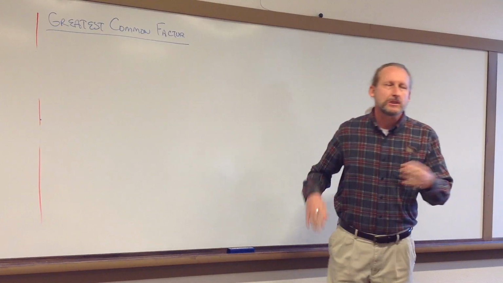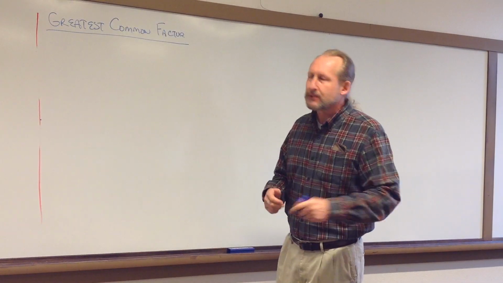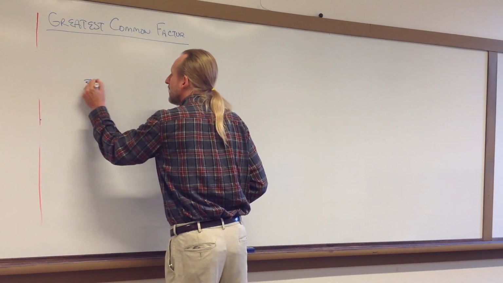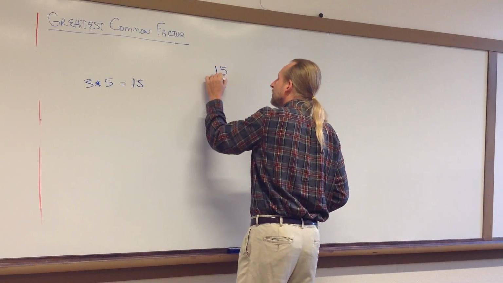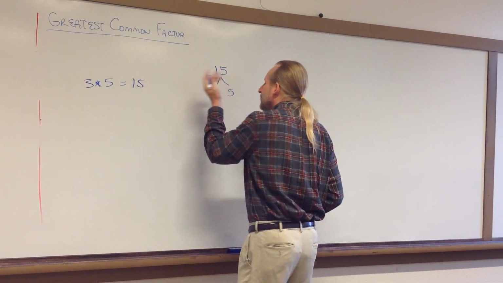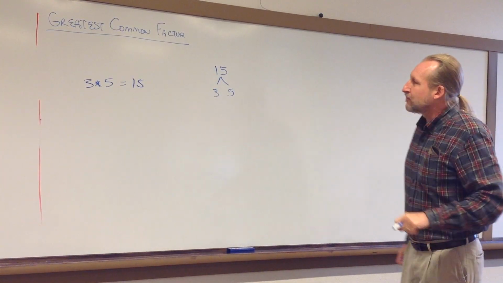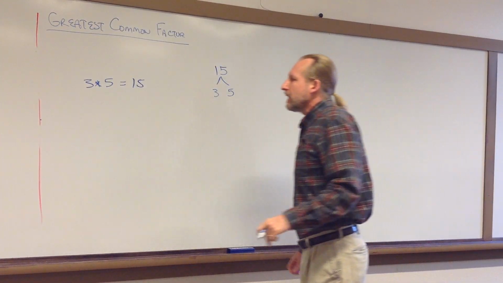Factoring, like with a number system, is the opposite of multiplying. So if we do 3 times 5 is 15, and we go to factor 15, we split it up into 3 times 5. With algebra, it's the same way.